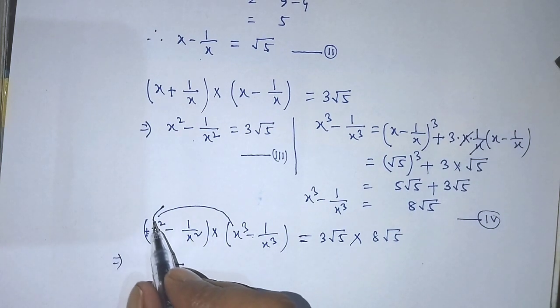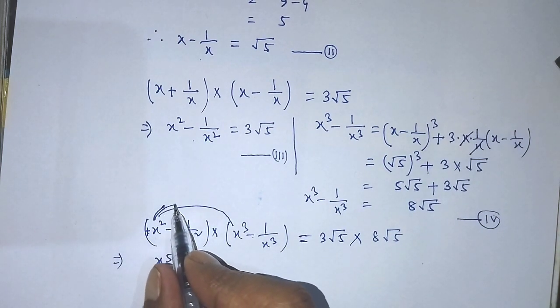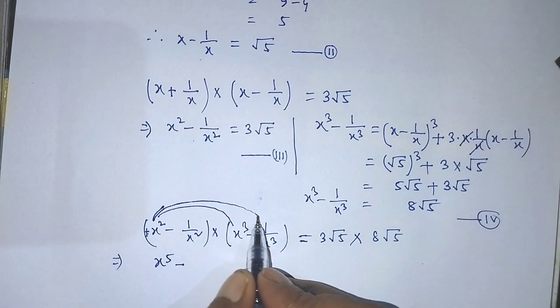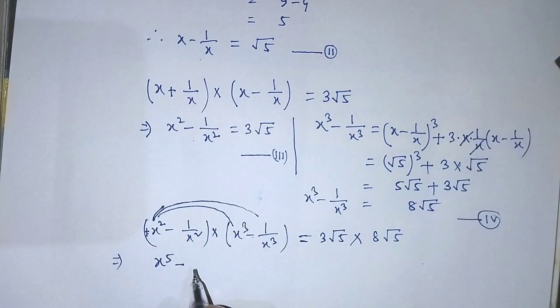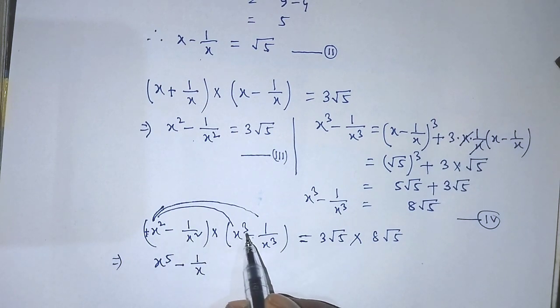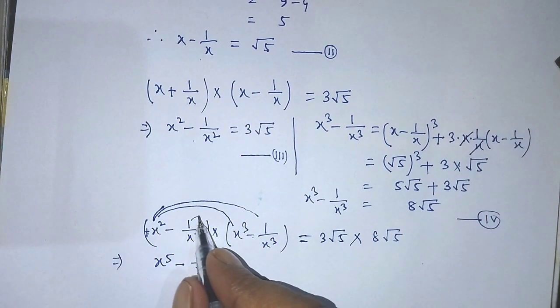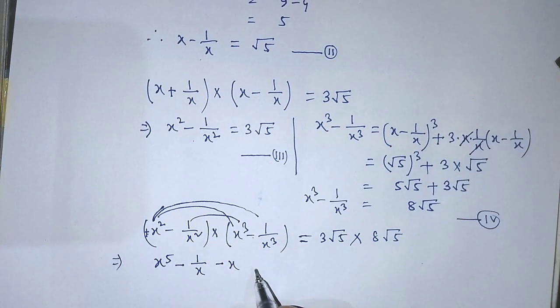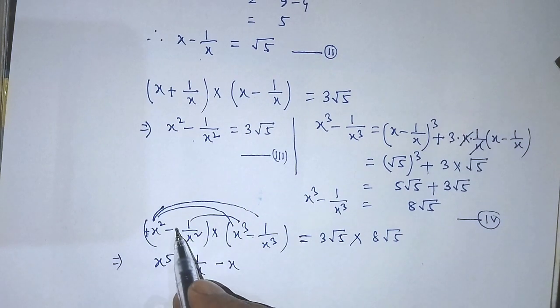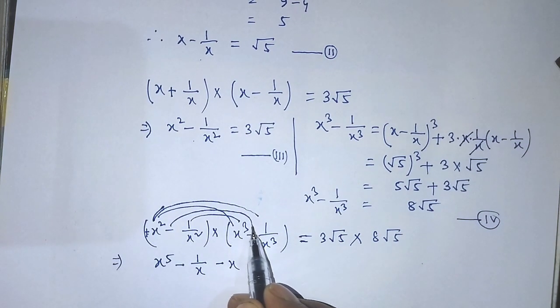After that again you have to multiply x square with 1 over x cube, then you get 1 over x. So after that, if you multiply minus 1 over x square with x cube, then you get minus x. So this into this. Okay, in the place of fourth term we have to write minus into minus, that is plus.